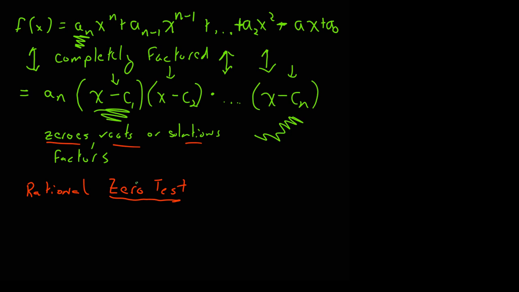We saw this with the quadratics. If we set up a quadratic equation and we set it equal to 0, we would get solutions at the place where it crossed the x-axis. Same thing happens with polynomials. We can set a polynomial equation equal to 0, and we can find all these places it crosses the x-axis, which will solve that equation. And so that's why I call them solutions.